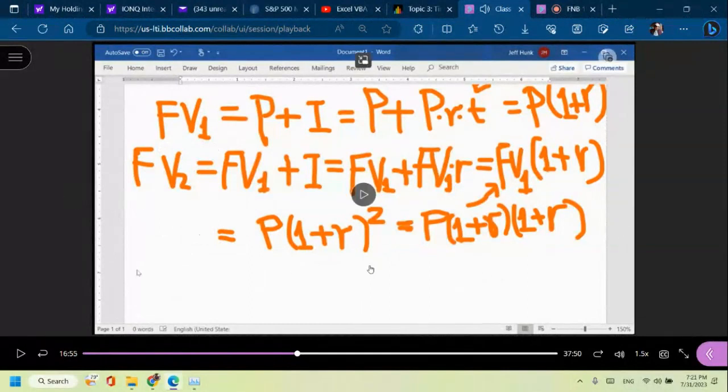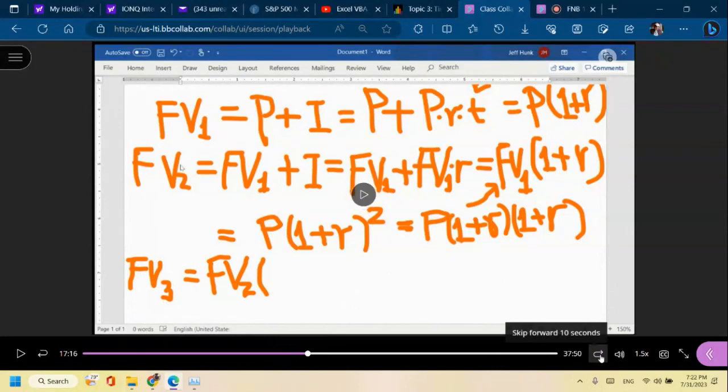What about FV3 then? Okay, so I'm going to skip this part because we have already done this enough in topic 1. So we know FVN is P times 1 plus R raised to N. So I'll skip the overlapping part, right?